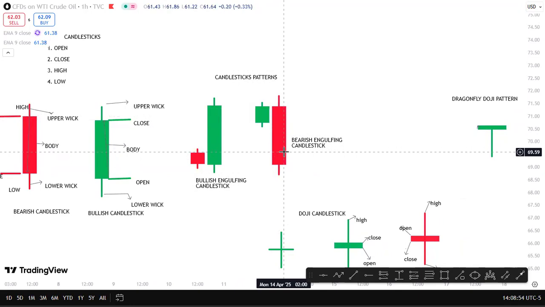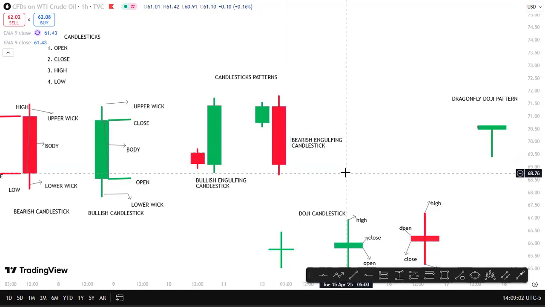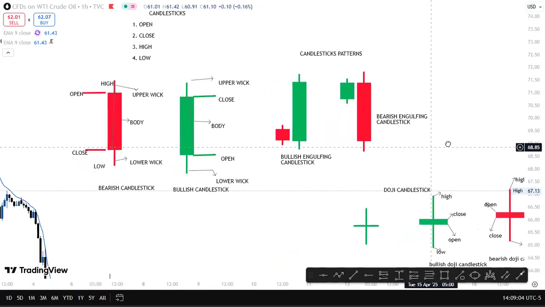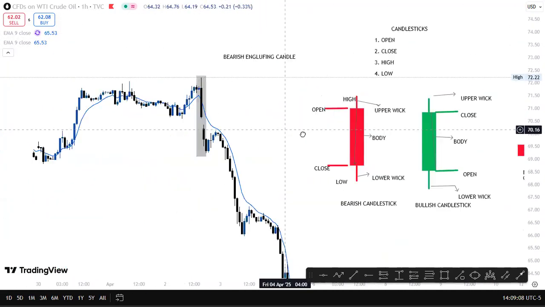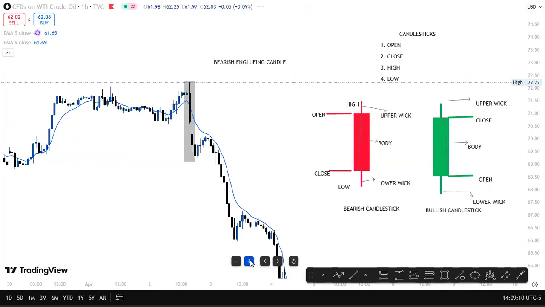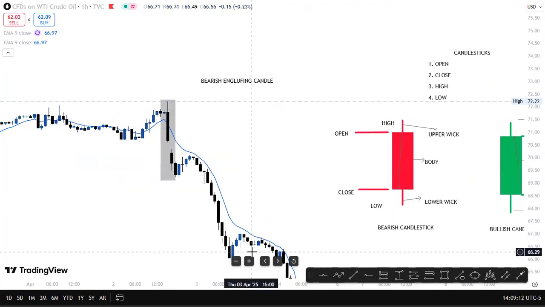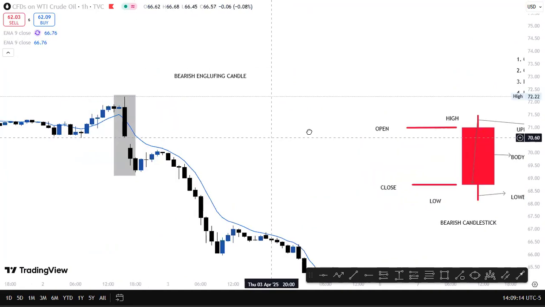But for it to be considered an engulfing candle, it has to engulf at least one particular candlestick. We gave an example of it on the chart, which I gave as a bearish engulfing candle.